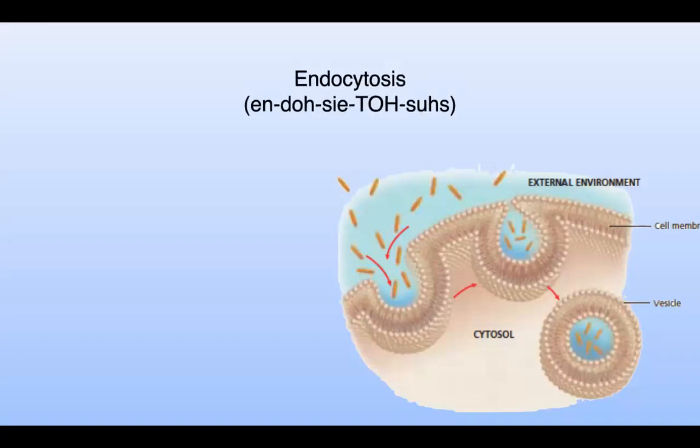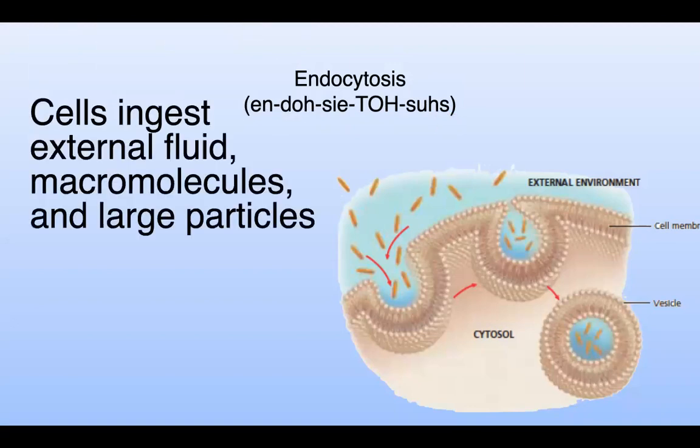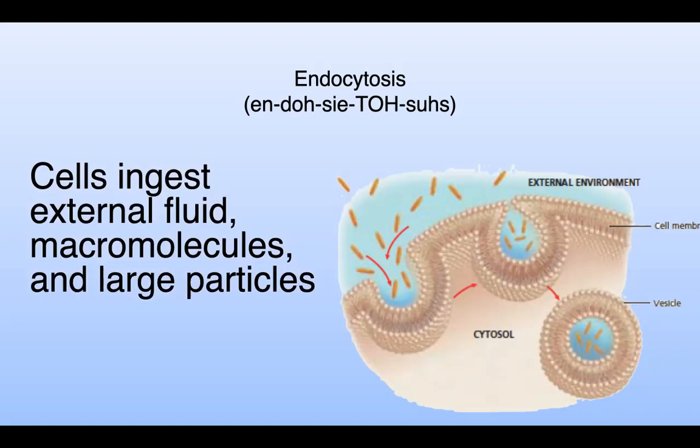So endocytosis, again, with the phonetic spelling, endocytosis. That's how you pronounce it. This is when a cell can ingest or bring in external fluid, macromolecules, or large particles. And you can see how it works.